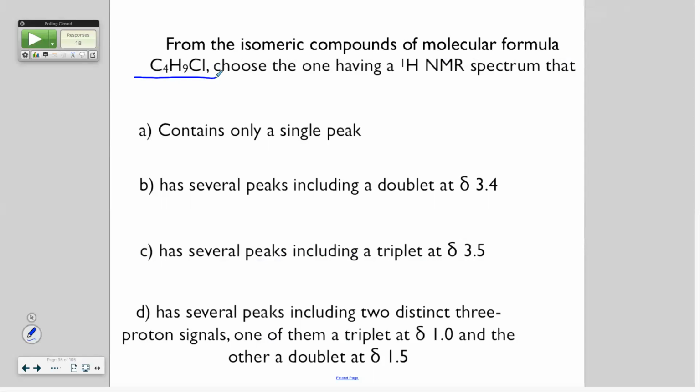Okay, and give me one. Don't worry about that stuff yet. Just draw me a structure. It's a puzzle.